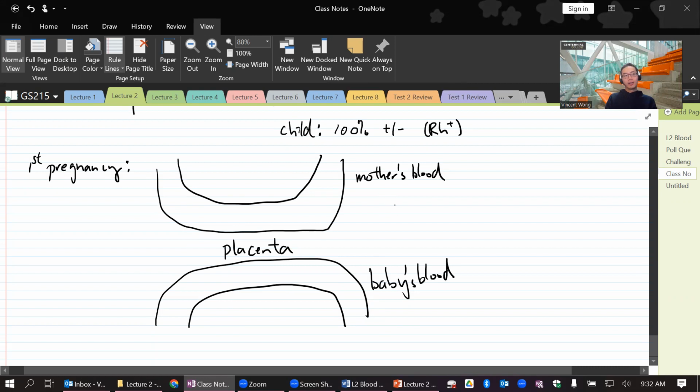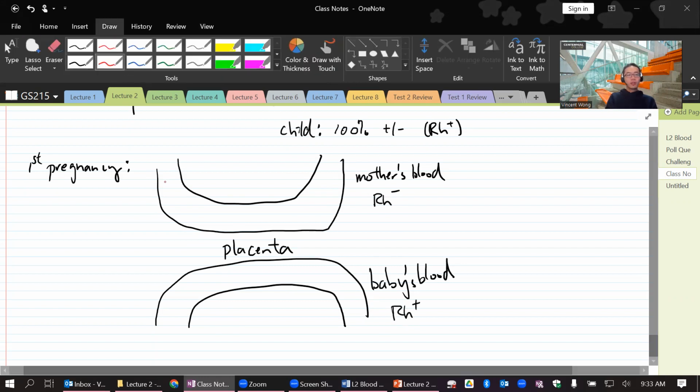Okay. In our scenario here, the mother is Rh negative and the baby, thanks to the dad, is Rh positive. So we're going to draw some red cells. For the mother, we're just going to have happy faces without the eyes. Those are our red cells. Okay, so these are Rh negative RBC.